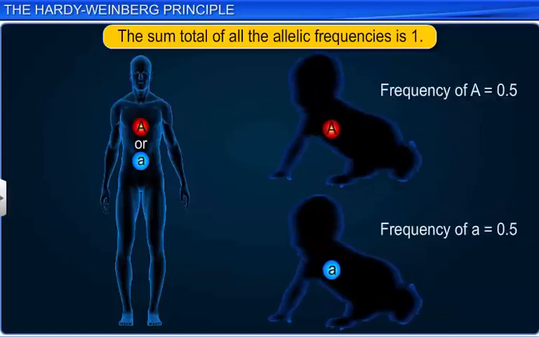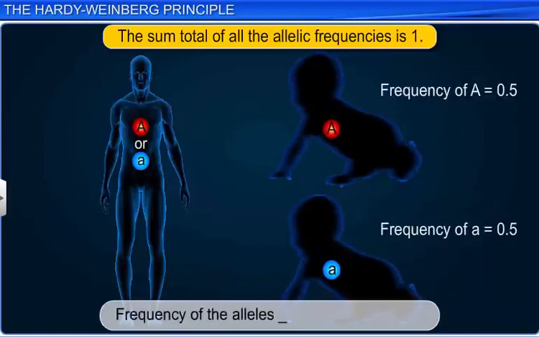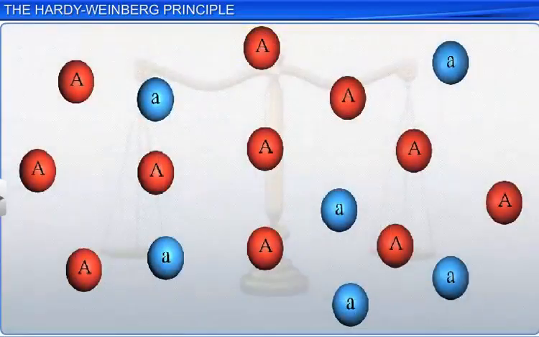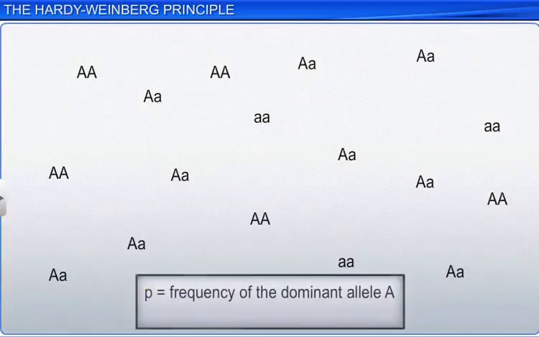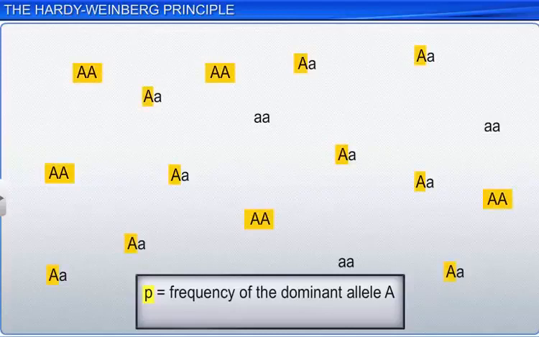Therefore, the frequency of the alleles would be 0.5 plus 0.5, which is equal to 1. Let us name these individual frequencies p and q. In a diploid individual, p represents the frequency of the dominant allele capital A, while q represents the frequency of the recessive allele small a.